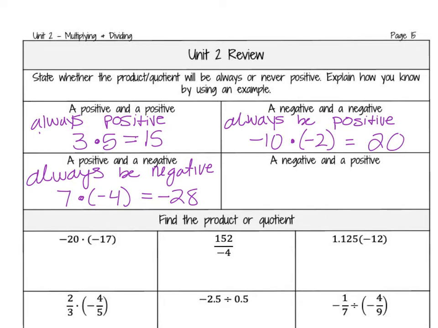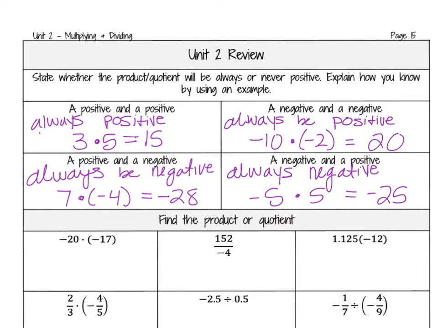Even if we flip them, if the negative comes first and the positive, those are different signs, so your answer is always negative. So if we have like a negative 5 times positive 5, negative 25. So same signs are positive, different signs are negative.